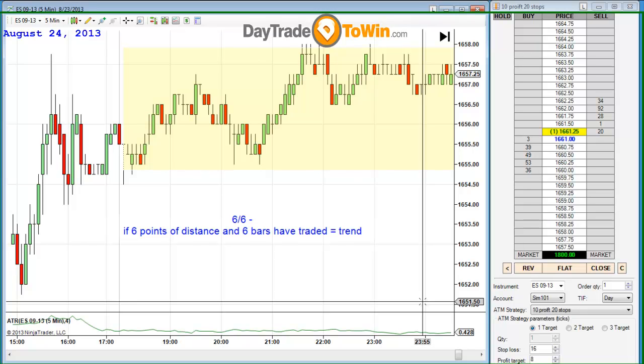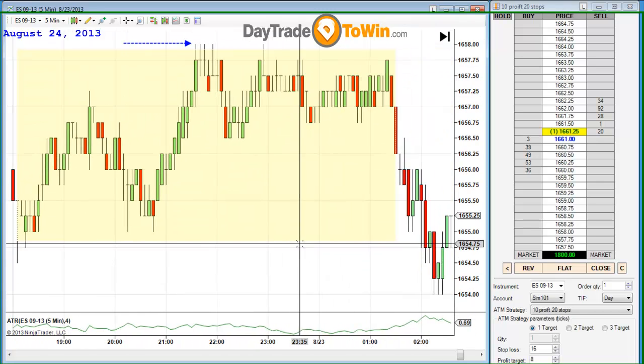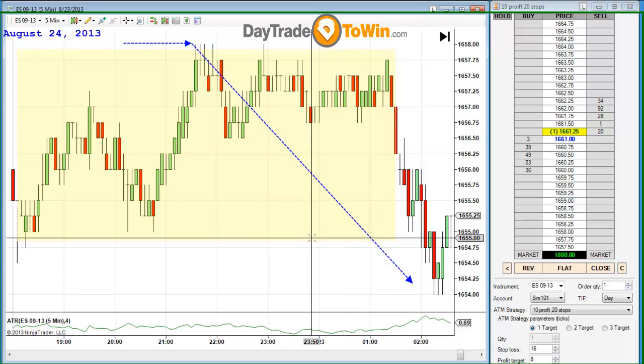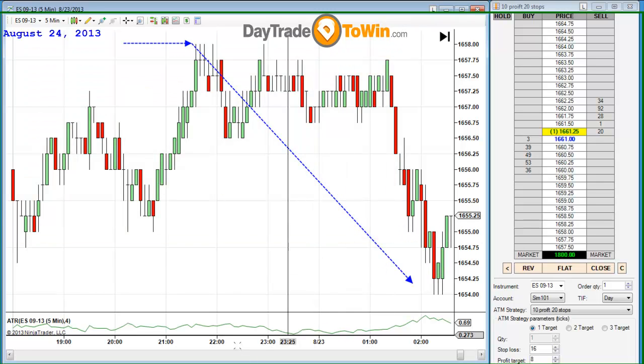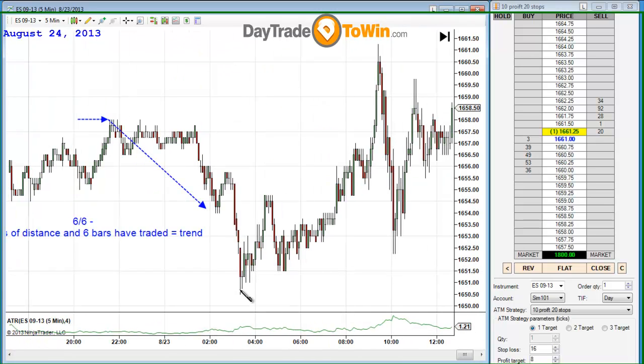So what does that mean? It means that if I take this here and I say to myself, has the market moved 6 bars or more, and have we gone 6 points or more, I have a trend. Period. 6-6, 6 bars, 6 points. The same thing here. The market starts to move up.